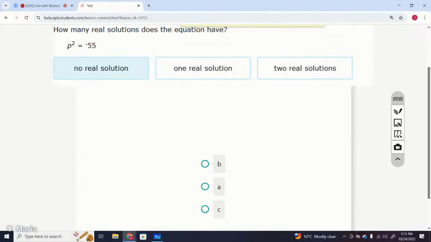How many real solutions does the equation have? P square equals negative 55. No real solution. Option number A is the correct option.